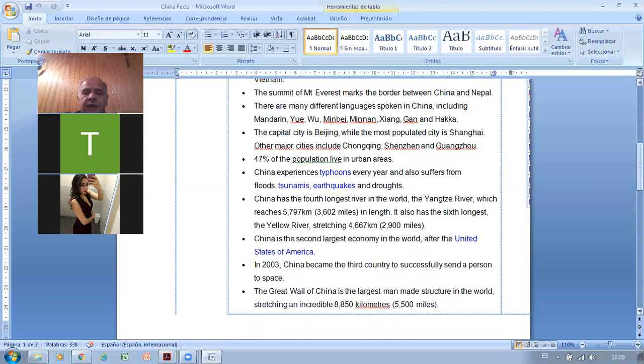In 2003, China became the third country to successfully send a person to space. And finally, the Great Wall of China is the largest man-made structure in the world, stretching an incredible 8,850 kilometers. So the Great Wall of China is the longest and largest structure in the world.